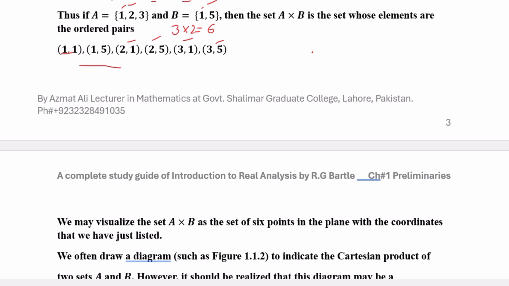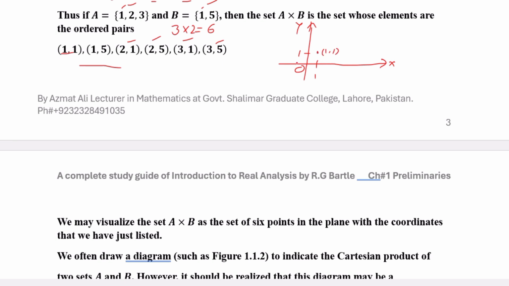So if you plot these 6 ordered pairs in the Cartesian plane, suppose this is the x-axis, this is the origin, this is your y-axis. Now if you plot these ordered pairs, then they simply represent points. Like the first ordered pair is (1, 1), suppose this is x equal to 1 and this is y equal to 1. This point shows the ordered pair (1, 1).